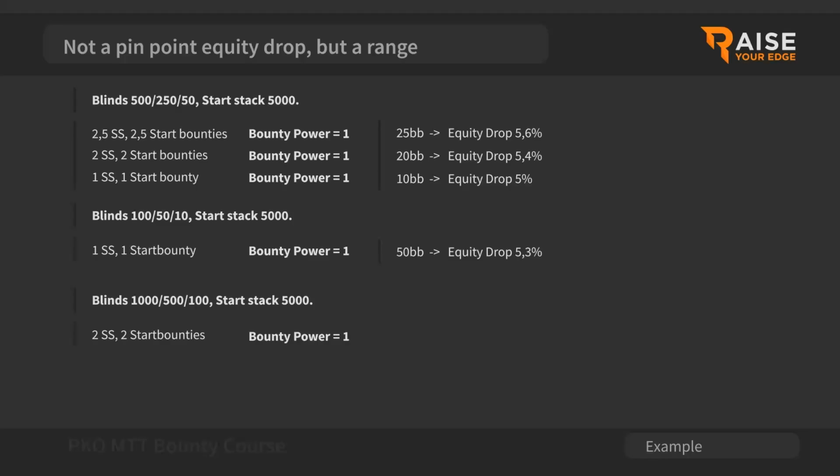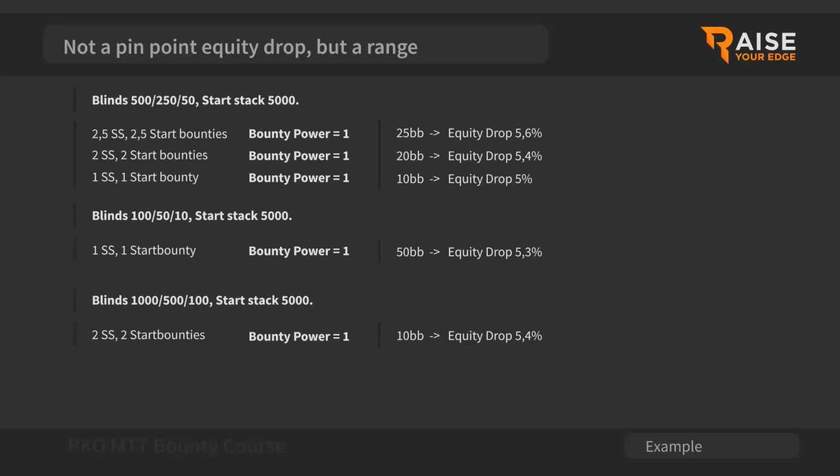If we do the calculation, in this case 2 starting stacks, which would be 10,000 chips, are 10 big blinds, then the equity drop is 5.4%. So what you can see is that we are getting different equity drop percentages based on the blind size and based on the stack size, but we always have the same bounty power. So now you have a bunch of equity drop numbers for the same bounty power stat.